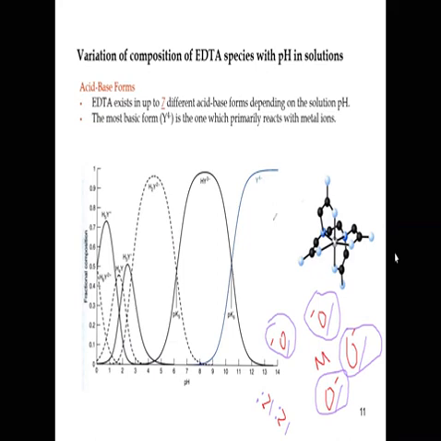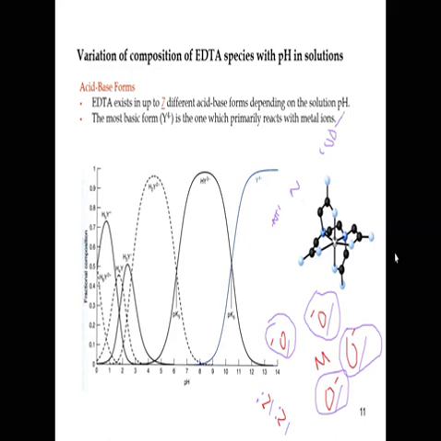That means in the molecule, the 2 nitrogens should not be protonated, and all 4 carboxylic acid groups should be deprotonated. That is the situation we need in the EDTA molecule to make 6 bonds.